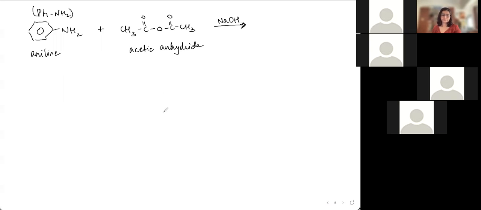Ma'am, can we give the names in the chat? Yeah, if you know the common name or IUPAC name, go for it. Otherwise, you can draw the structure. Either way works, just give me the product. Ma'am, the reactants are aniline and acetic anhydride, right?